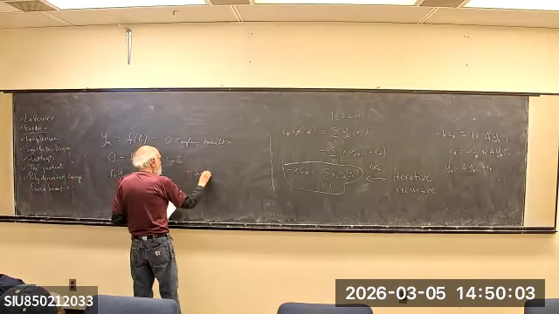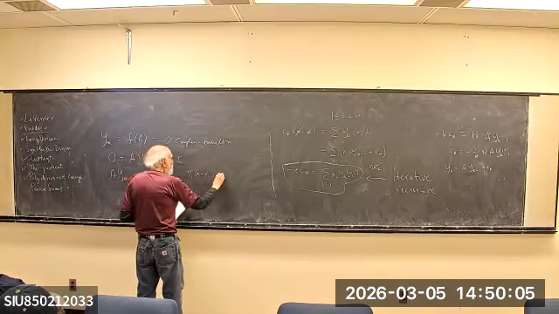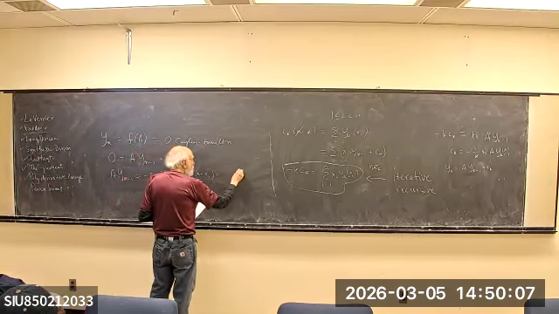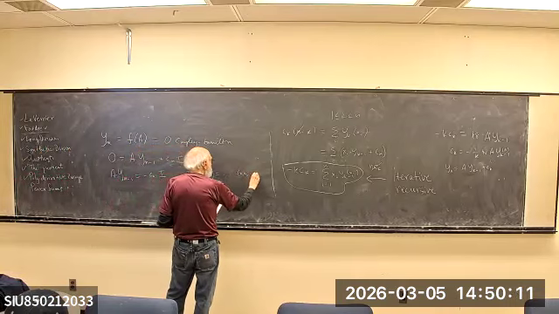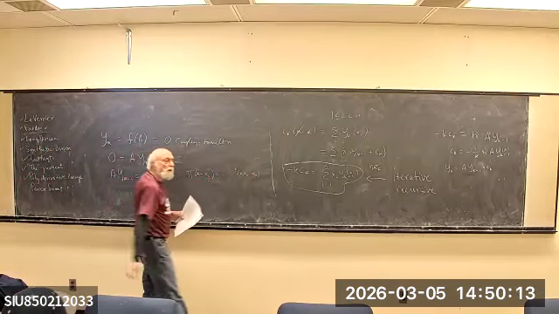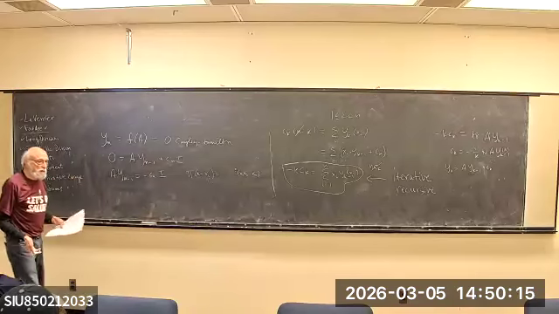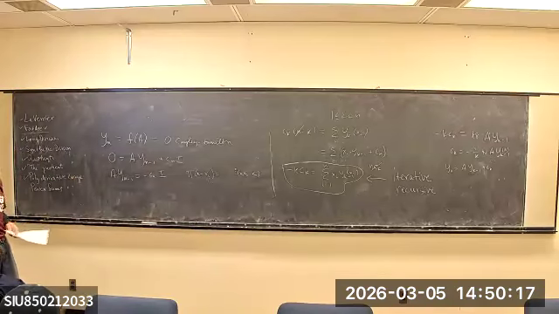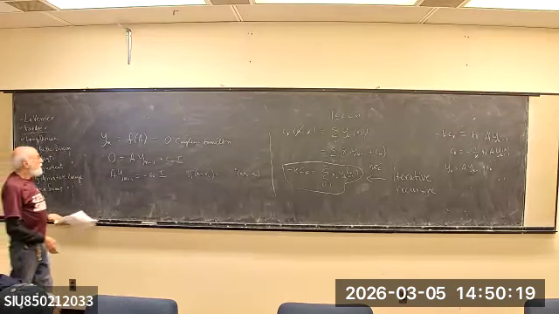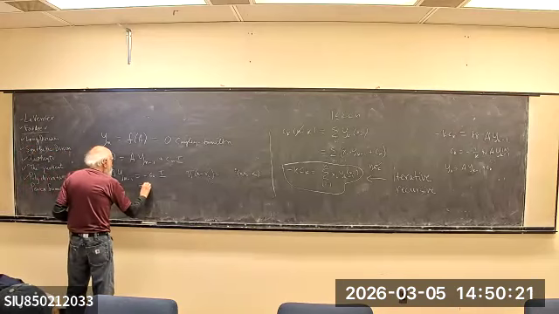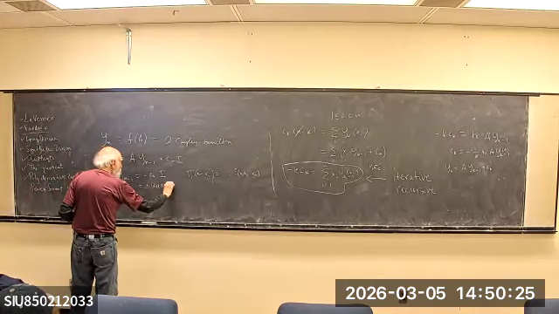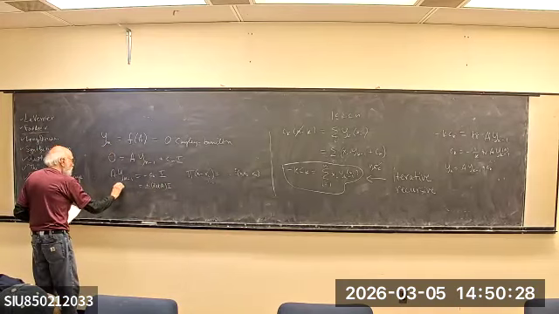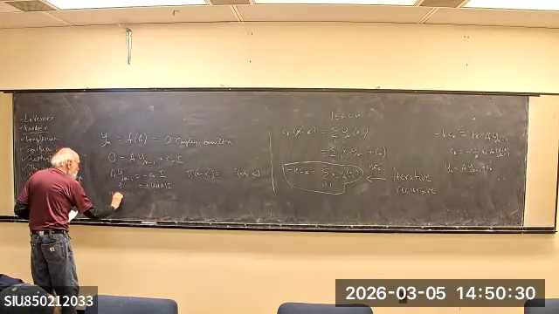You have the product of x minus xi, and with a sign, the product of the eigenvalues. What's the product of the eigenvalues? It's the determinant. So this is plus or minus det A times I. This is the famous so-called adjugate matrix.